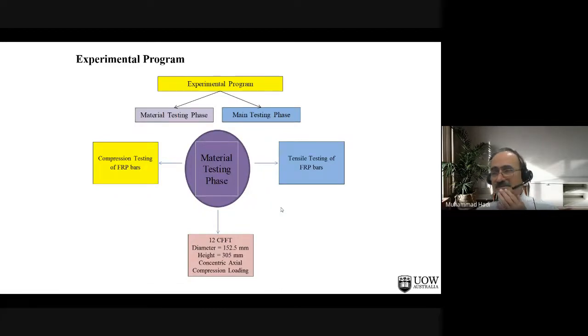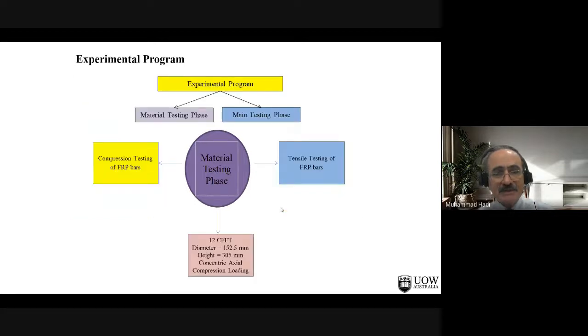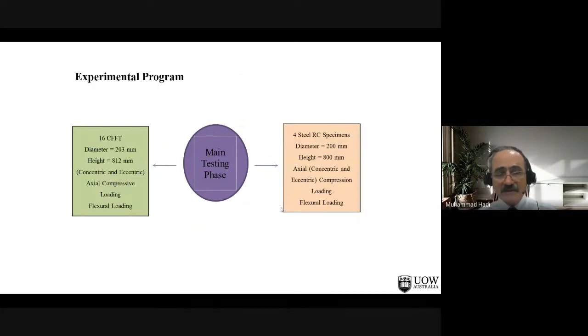What we did, we have the material testing, which is the preliminary testing. Then we go to the main testing. In the preliminary testing, we tested all those materials. And in the main one, we had the columns.